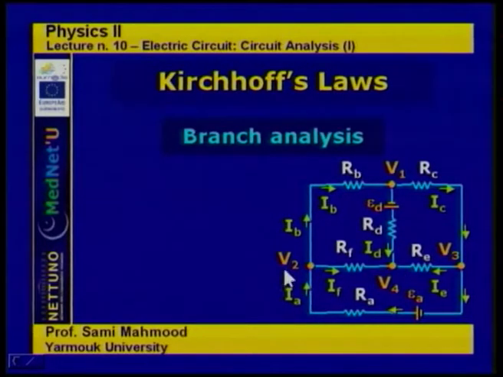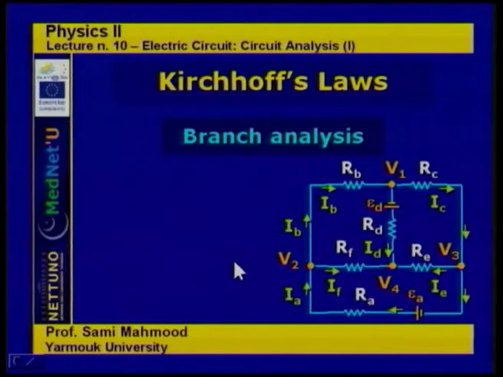And the branch called F, that is 6. So we have 6 branches and 6 currents. These currents, IA, IB, IC, ID, IE, IF, are unknown, and we need to apply Kirchhoff's laws in order to solve for these 6 currents in the 6 branches.